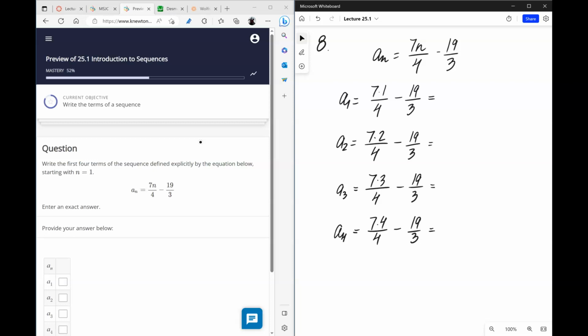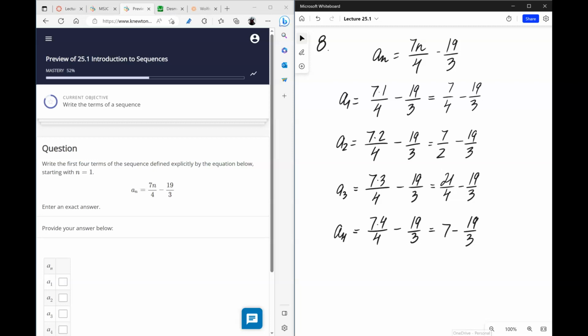Well, some of them are easy, right? So, for example, well, still, this is same as 7 halves minus 19 thirds. This is same as 7 minus 19 thirds. This is 21 fourths minus 19 thirds. This is 7 fourths minus 19 thirds.